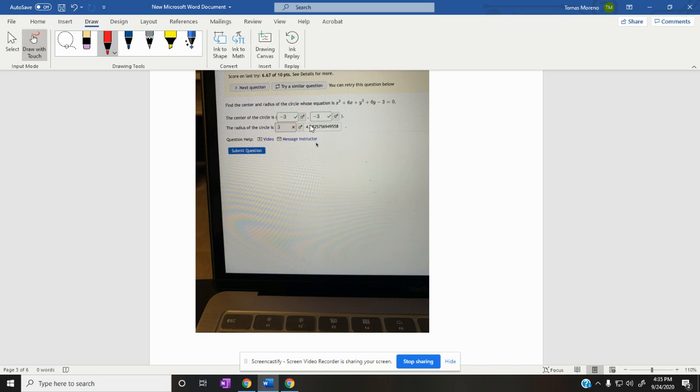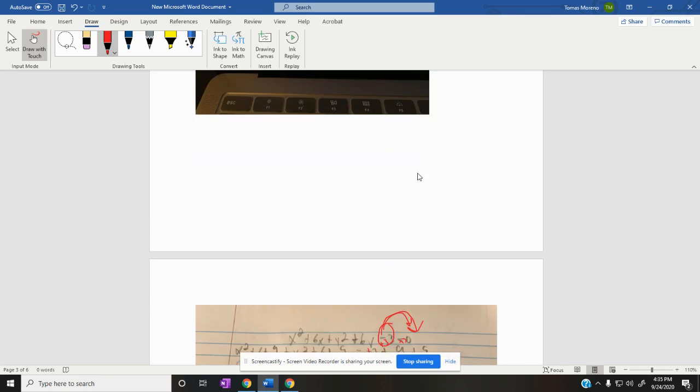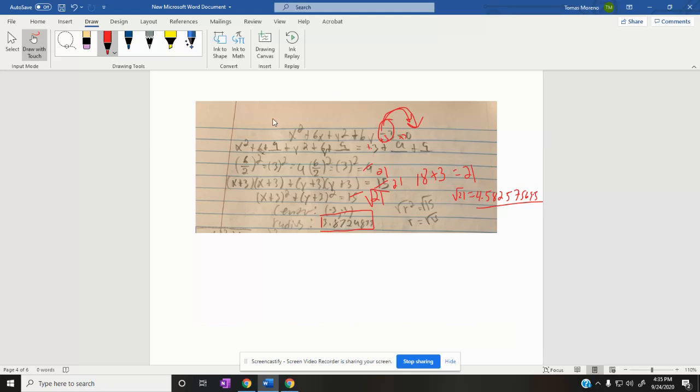So you had about 90% of everything they needed to do. You just, when you cross this 3 over, you kept it negative right here. So you see how it's on this side now, and it should have been a positive. Whenever you cross the equal sign, you change the sign of the number.